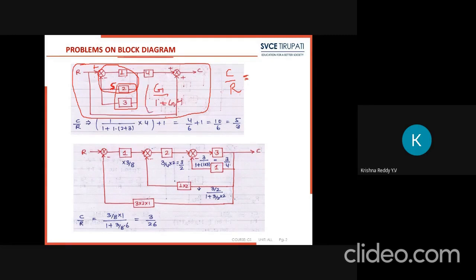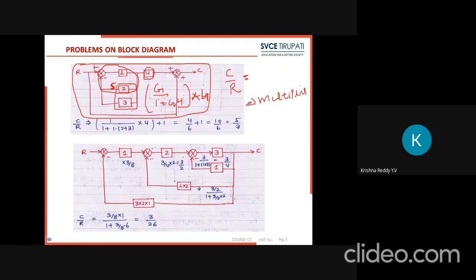The resulting one is in series with block 4. It is the multiplication of these. When the blocks are in series, we multiply. When the blocks are in parallel, we add their gains.